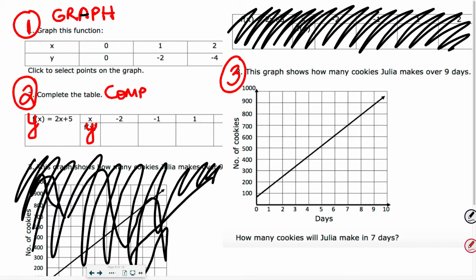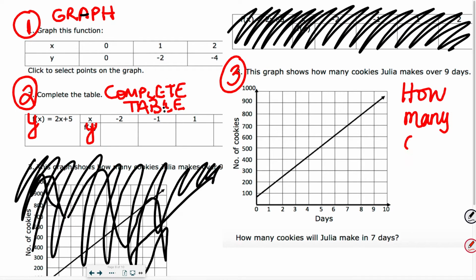You don't have to worry about that right now. So y equals 2x plus 5, and then the x's, and then you're going to complete the table for the y's. And for number 3, you're going to take a look at this graph, and it shows how many cookies Julia makes over 9 days. So you want to find out how many cookies Julia will make in 9 days, sorry, and in 7 days. Okay. So you can work together on this.